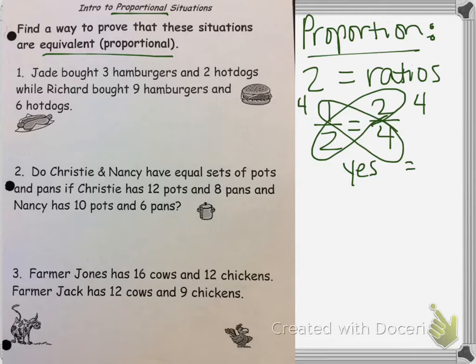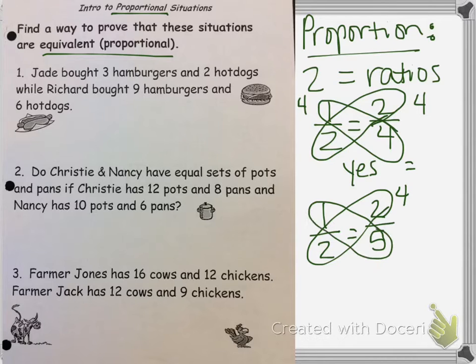Yes, this is equal. Now, if for some reason they are not equal, so for example, if I said 1/2 is 2/5, well, I can see that this is 4 and this is 5, then these are not proportional. Okay, so that is the main way that you can decide if something is proportional.